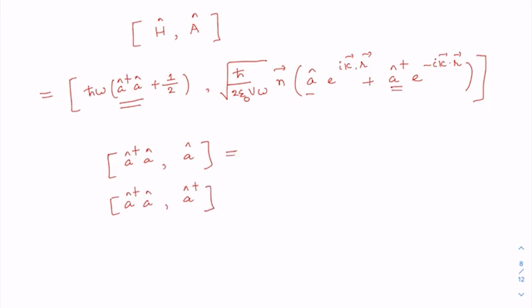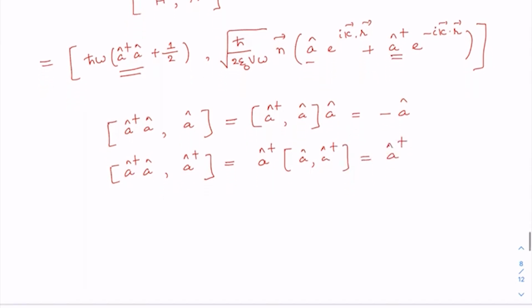So this one, [a†a, a], would be equal to a†a a minus a a†a, which gives simply minus a. Similarly, [a†a, a†] will give me plus a†. Okay, this is what I will have.